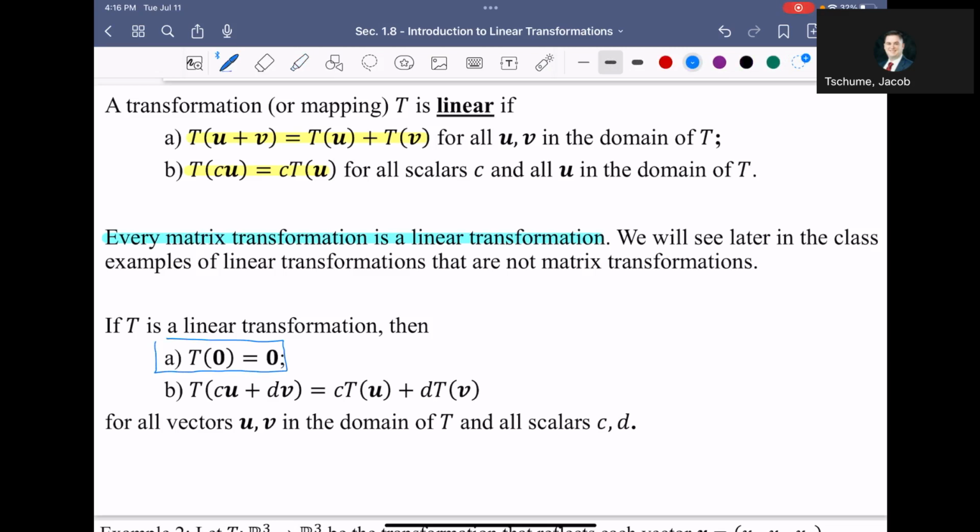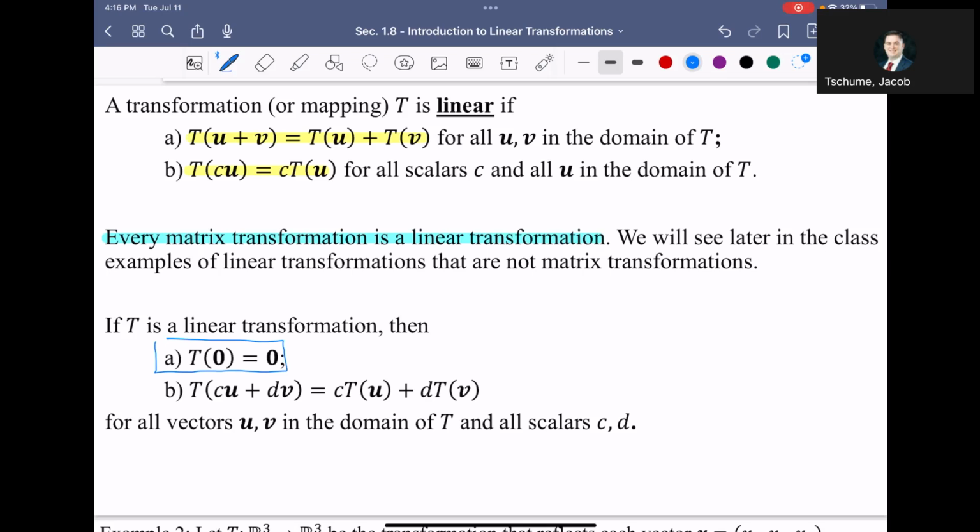All right. So in this case, this one seems pretty obvious when it comes to a matrix transformation because if you multiply a matrix A by a 0 vector, you're going to get a 0 vector in return because every element is being multiplied by the 0 vector.